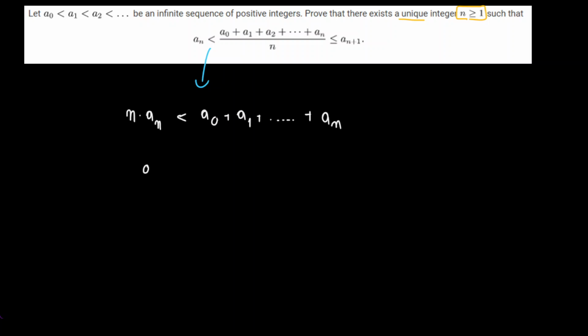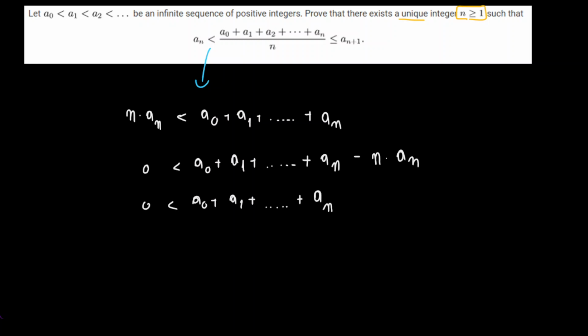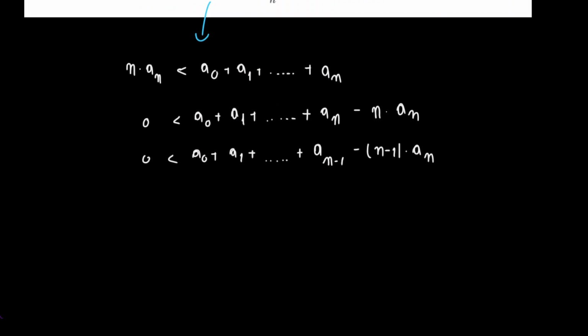And a very good idea is to consider n times a_n in the right part, and I will have something like this, which can be written in the next form. This is relation number 1.